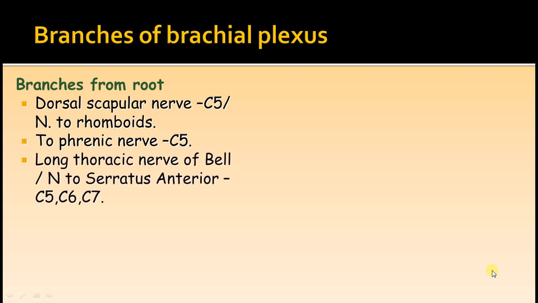And of course, a very important branch which we will be seeing in the upper limb is the nerve to serratus anterior, or the long thoracic nerve of Bell, which is given by the roots of C5, C6 and C7. Then it also gives a small branch to longus colli and scalene muscles in the neck. They are the prevertebral muscles, that is, the muscles present immediately in front of the cervical vertebra.